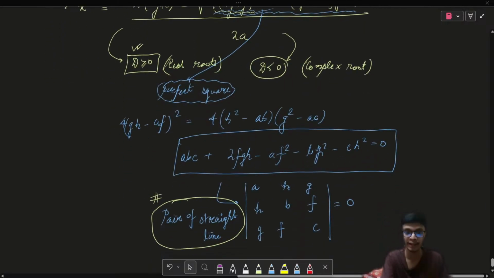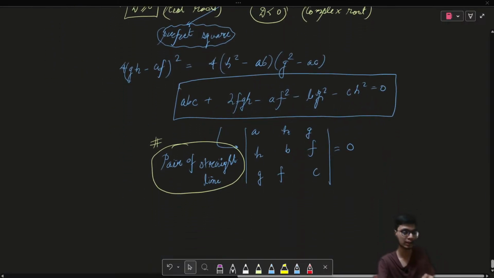So what we have learnt is that any second degree equation of conics is going to represent a pair of straight lines. The condition is known to us, right? And also I have seen that the second degree equation can be a homogeneous equation, can be a non-homogeneous equation. So for the homogeneous equation, when it is going to be a pair of straight lines, that condition is known to us. And for homogeneous, if it is a pair of straight lines, it will pass through point 0, 0, the origin.